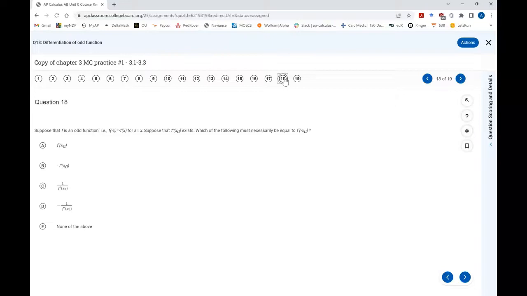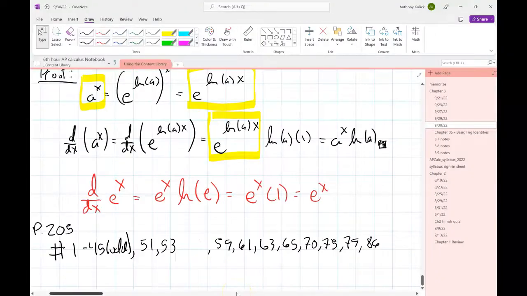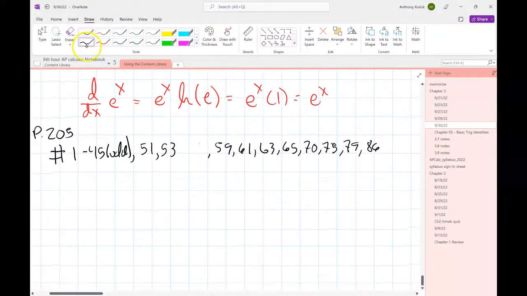So here's the way I would think about it. The easiest way to conceptualize this is what I know about polynomial odd functions and polynomial even functions.